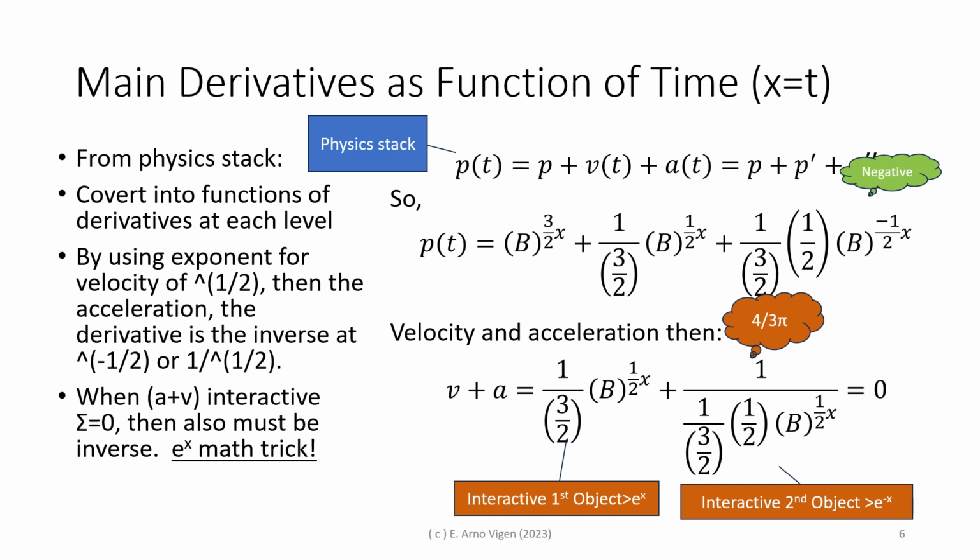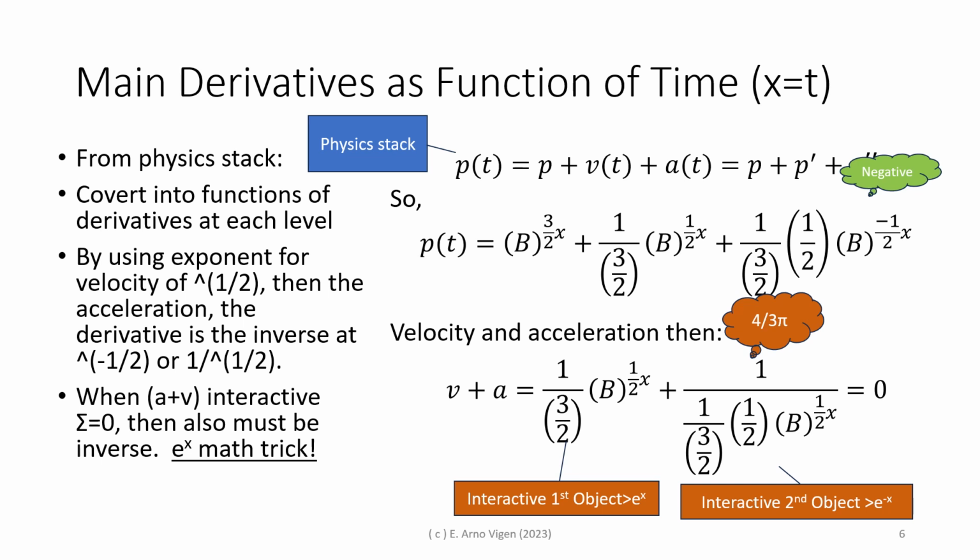Now, if you do this, then the way I'm thinking, you have some base to the 3/2 as its initial position. You have then the derivative of that, which will throw that exponent down as a constant, the 3/2, and then you get the equation for velocity as b to the 1/2 x.